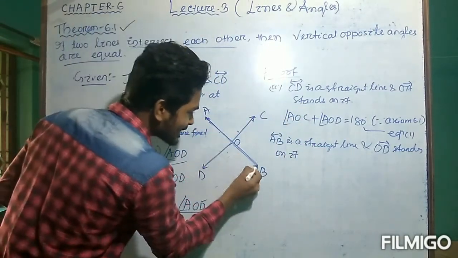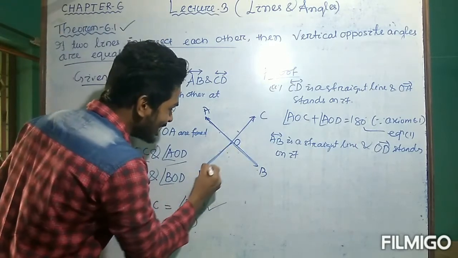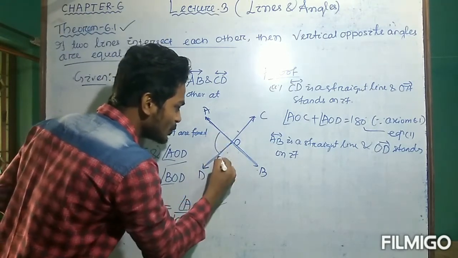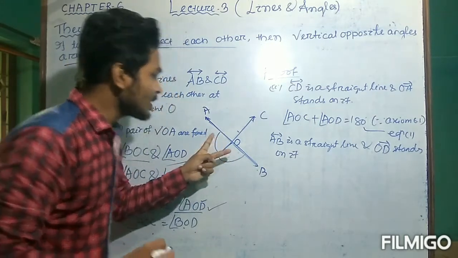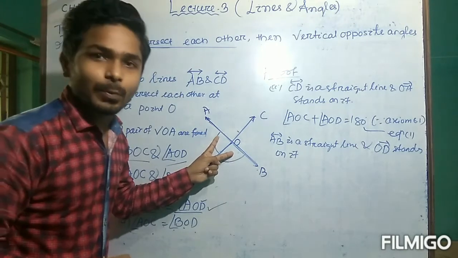So if AB is a straight line and OD is a ray which stands on it, then we have two angles. Then these two angles are known as linear pair angles. So the sum of these two linear pair angles is equal to 180 degree.